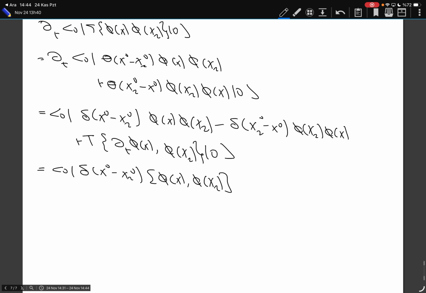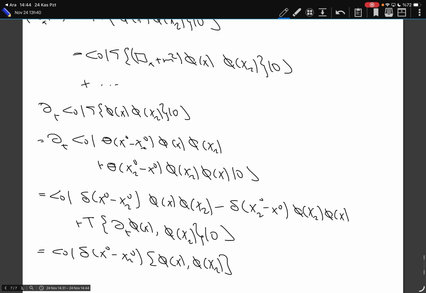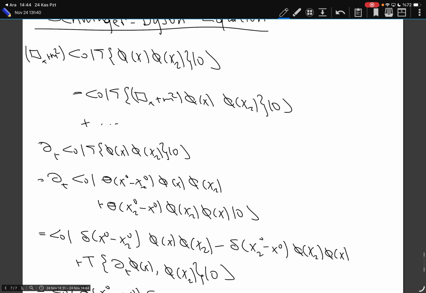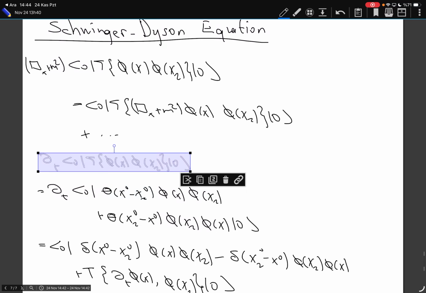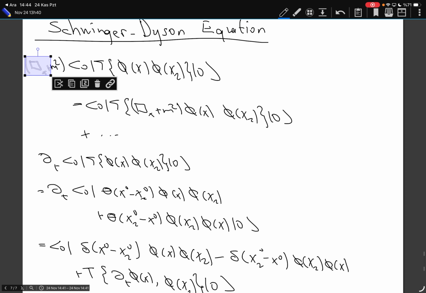I missed the step of how we get the partial t from the Laplacian. I did not. I'm just looking at the time derivative of this expression. Because I know that in the Laplacian I have the second time derivative acting on that time-ordered product.